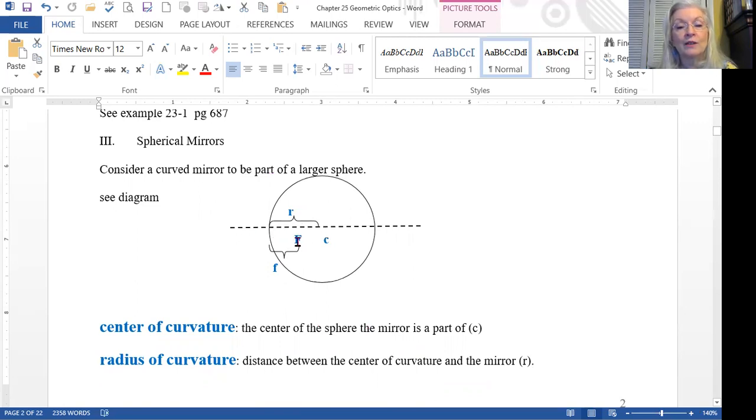And the focal length is actually half the radius. So if you had one of those gazing balls in your garden and you were looking at the outside of it, the diameter of the ball divided by 2 would give you the radius, and the radius divided by 2 would give you the focal length of that curved outside part that you were using as a mirror.